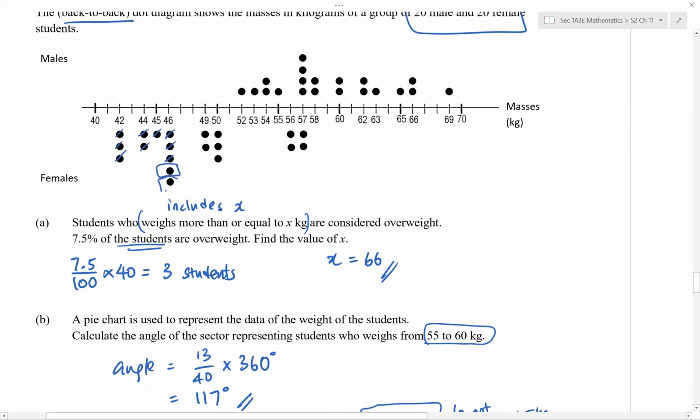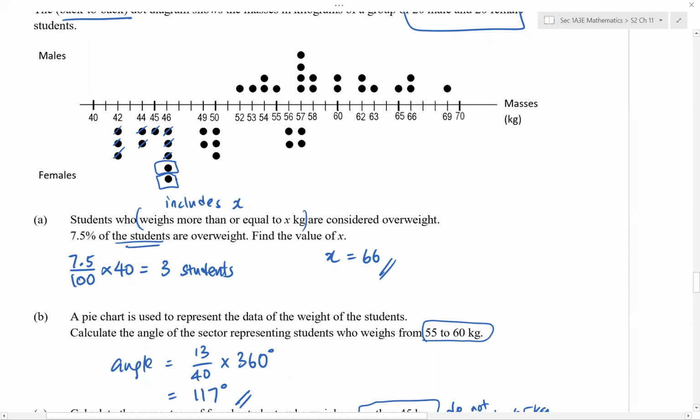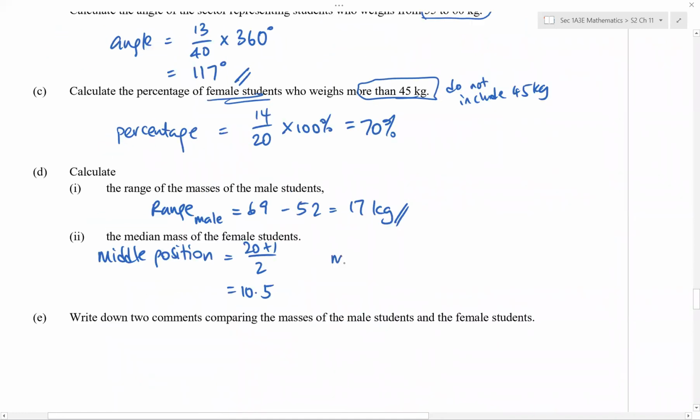This is number 10. This is number 11. Both of them have the same value of 46. Therefore, my median will just be 46 kg. You can go ahead and write 46 plus 46 divided by 2, but you know that it will give you 46.